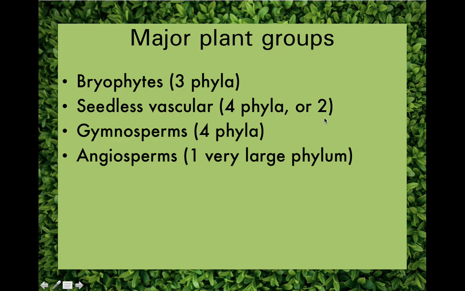The gymnosperms are naked seed plants, and there are 4 phyla of gymnosperms that are currently around that you can find. And then there are the covered seed plants, or the flowering plants, which are in one very large phylum that we sometimes call the angiosperms.